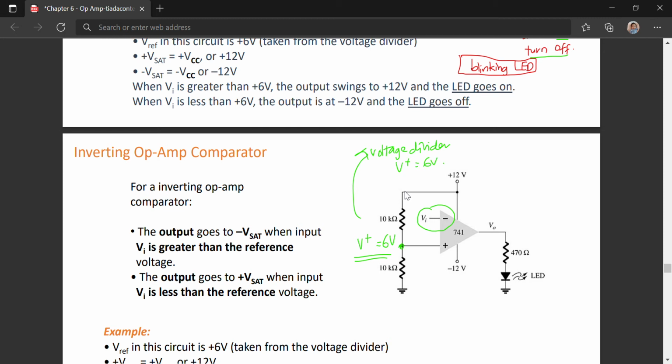Here your Vin is at the negative. Therefore if Vin is greater than Vref, your Vout will be negative, negative 12.